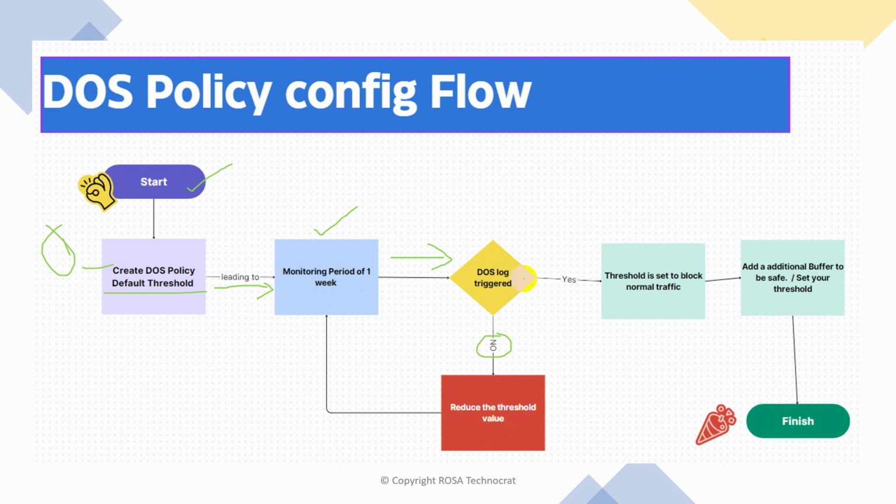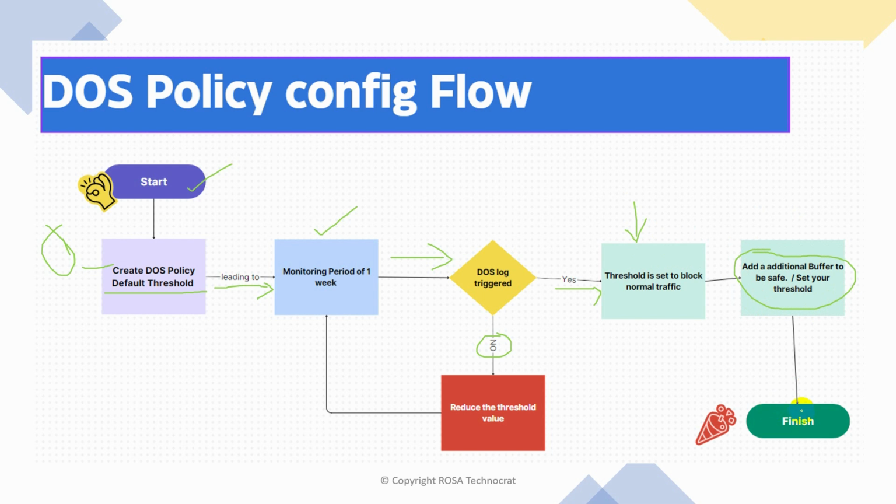Once those values are good, you make sure the threshold is not set to block normal traffic. So let's say the DOS log triggered and you observe that some legitimate traffic got dropped. That means you have to add an additional buffer to the threshold to be safe so that it doesn't drop your normal traffic.